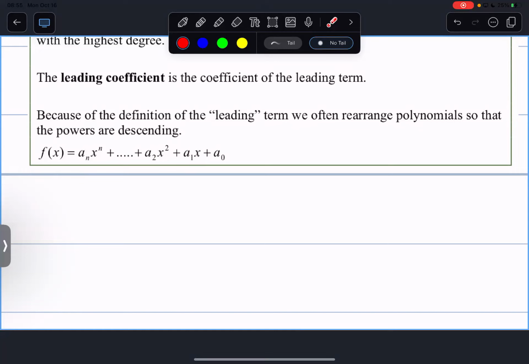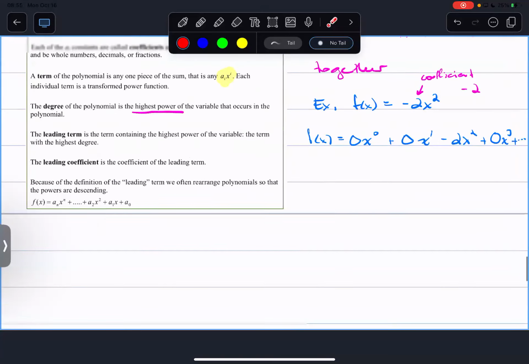The rest of them follow the highest power. It's all the same, but it does make it easier when you're looking at these polynomials, so it's just good practice.